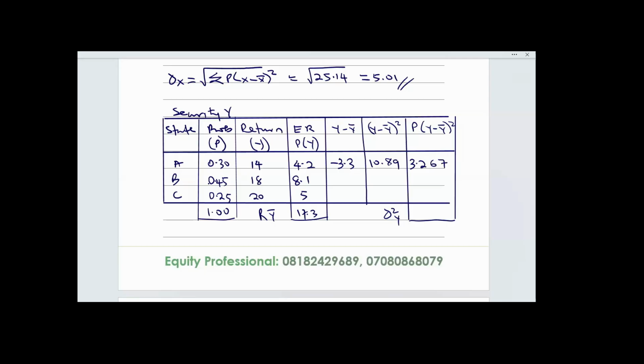Then 18 minus 17.3, 0.7. So 0.7 square, that's 0.49, right? So multiply by 0.45, 0.2205.